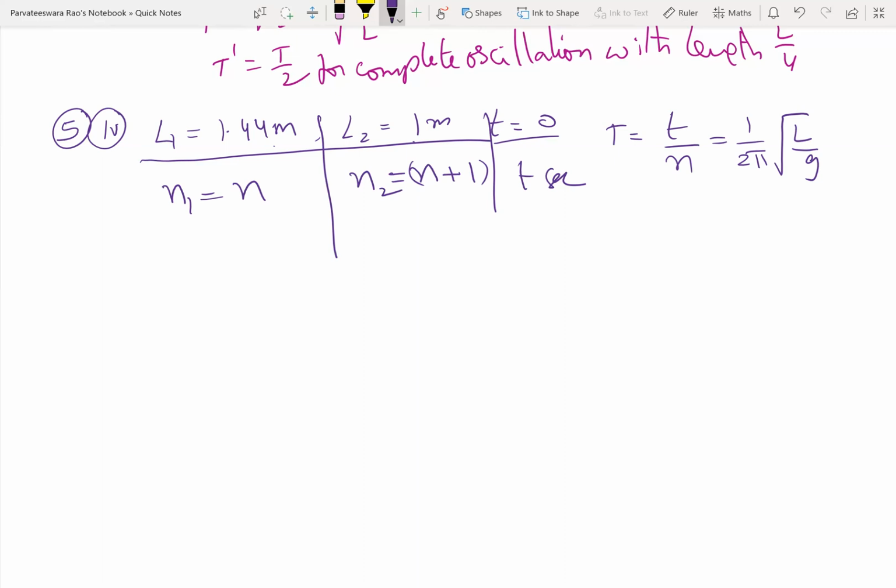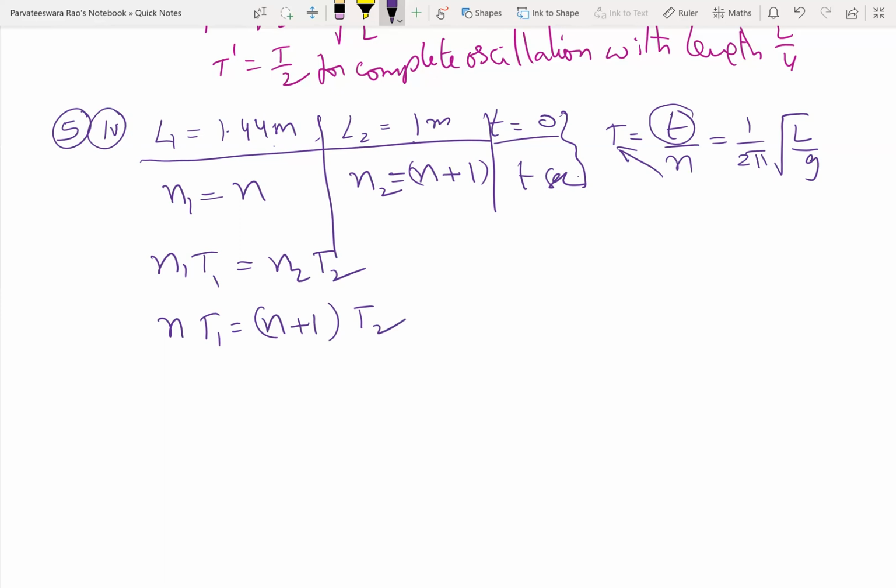So from that we can write N into T will be constant, correct? For the same time they are swinging, so t is constant. Therefore, I can write N1 T1 should be equal to N2 T2. So N into T1 is N plus 1 into T2. Means N plus 1 by N is T1 by T2.